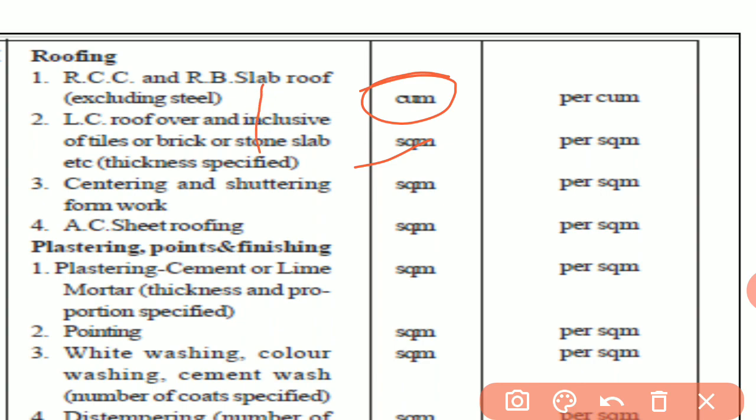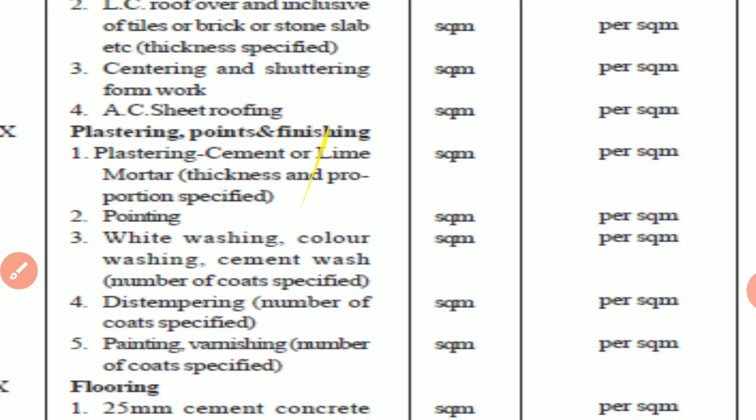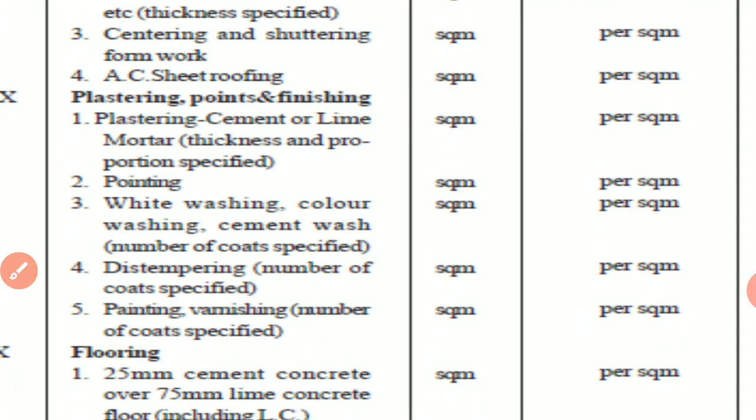Then the next one is plastering, pointing and finishing. Plastering is cement or lime mortar, thickness and proportions specified separately, and is measured in square meter. Just imagine the thickness of plastering work. For internal plastering it is 12 mm, and for external plastering in some cases it is up to 16 mm. Above 16 mm we will not do plastering for residential buildings.